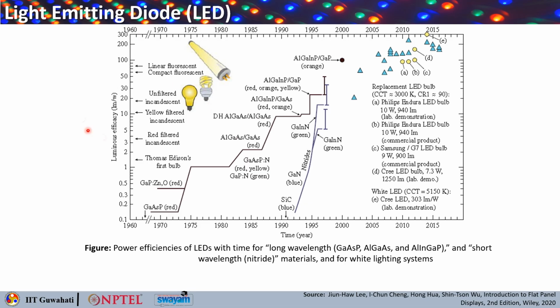This graph tells you about the timeline of the luminous efficiency, which is measured in lumen per watt. You can see with time how things have changed. Gallium arsenide phosphide for red around 1965 and so on. And this is where currently we are.